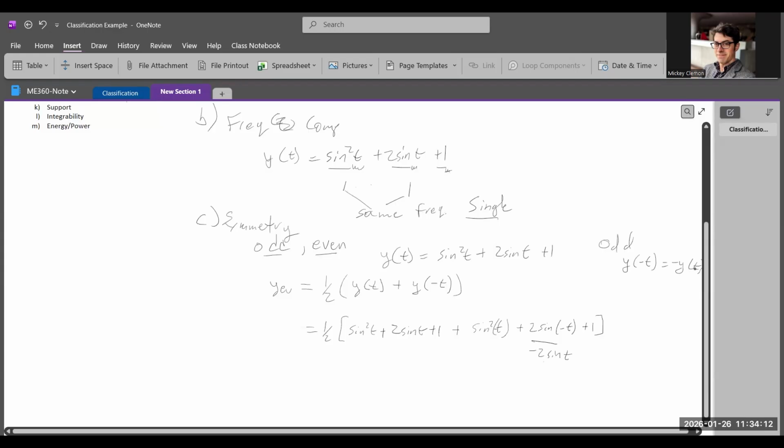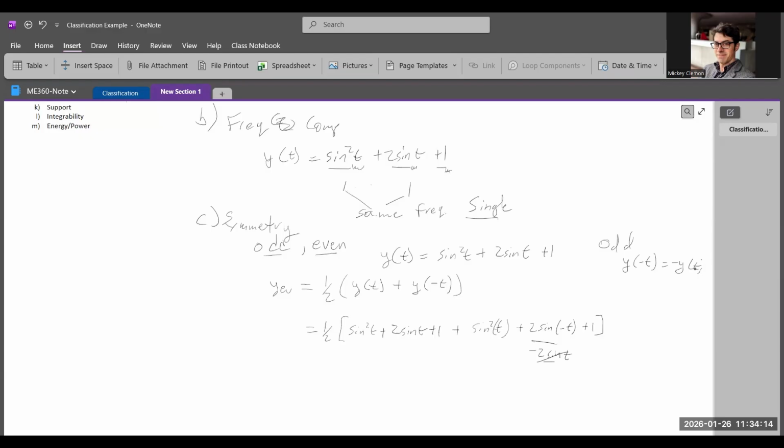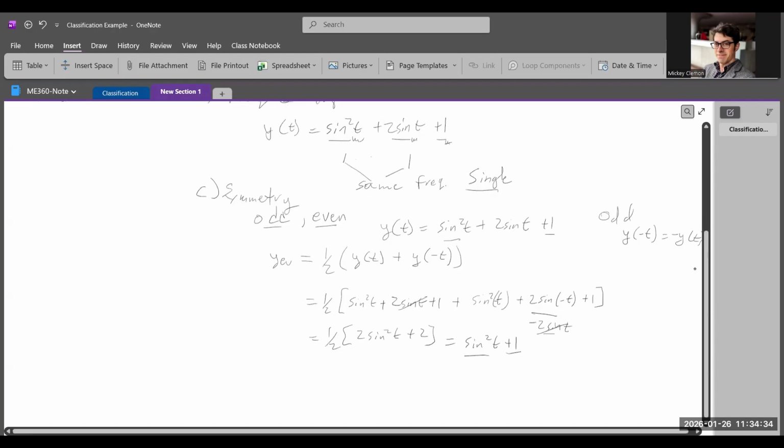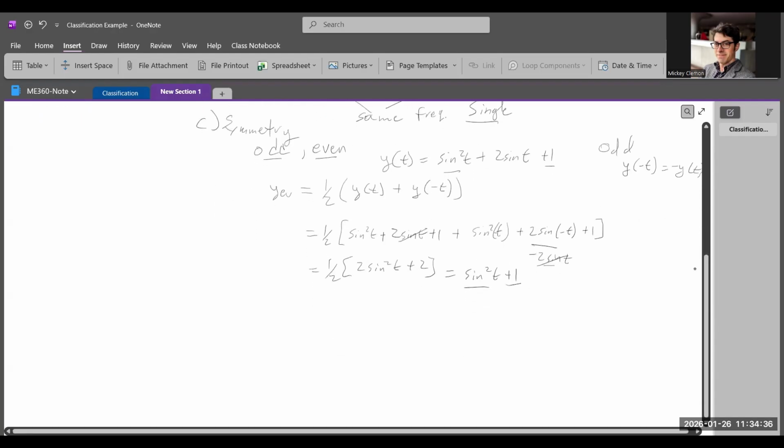Okay, so this will end up being negative, which will cancel out here, and we will be left with 1/2 of 2 sine squared t plus 2, which gives us sine squared t plus 1. So these are the components up here that are even. So that's our even components of our function.